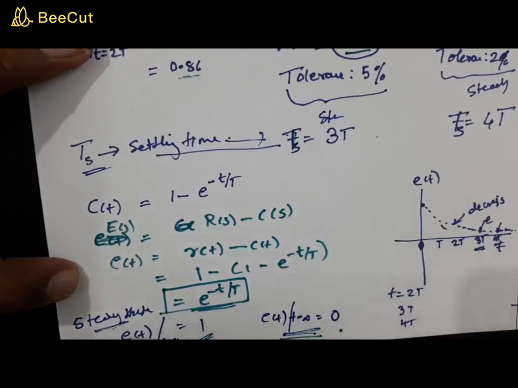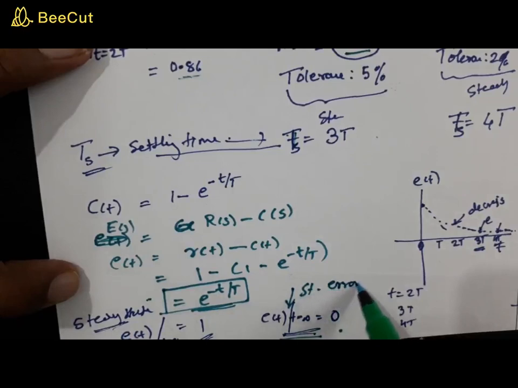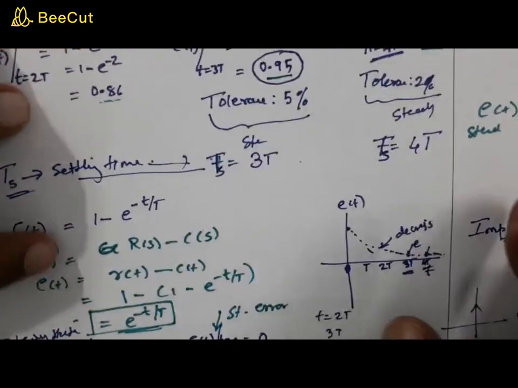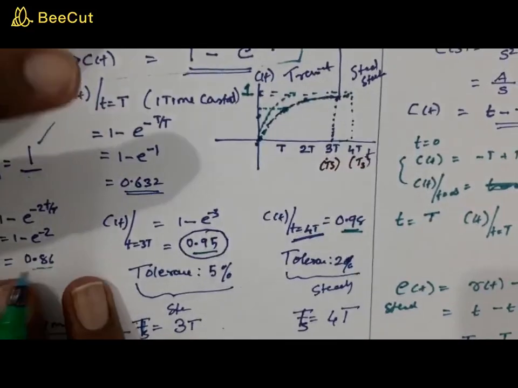This is the equation for error, and the steady state error is actually e of t at t equal to infinity. That's for the ideal case. In the practical case, you can take 3T or 4T, which approximates to almost 0.